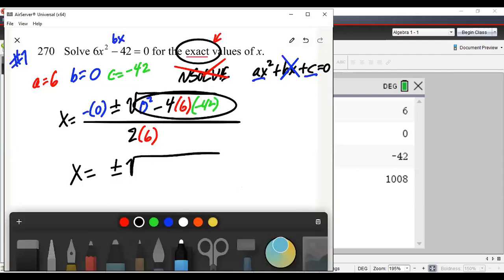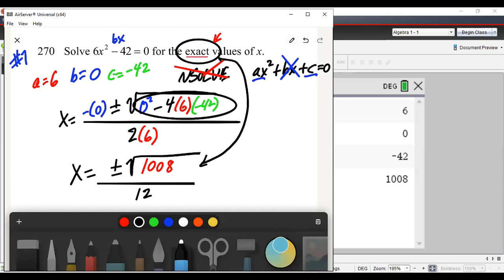This is going to be, I'm going to make this red, 1,008. And then in the bottom, it's just 2 times 6, which is 12. So this is our answer. We don't have to do anything. We've left it as a fraction. Even though it has a square root in there that's irrational, we've left it. This is considered exact.